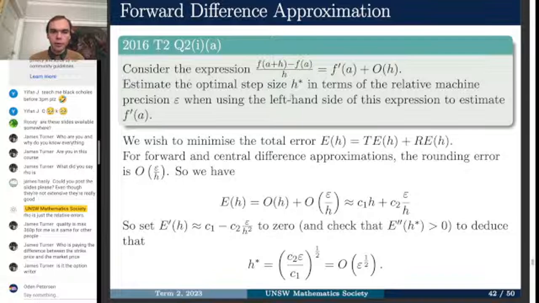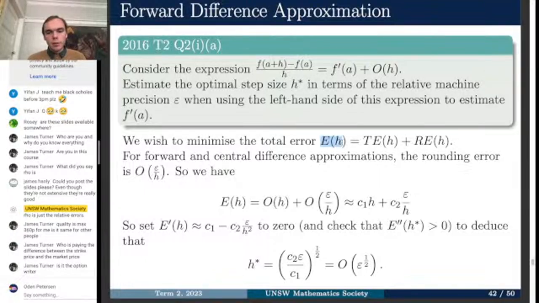And I guess this question from 2016 is asking us to approximate how big this step size should be for this secant approximation to the derivative to give a minimal total error. And we won't be able to exactly compute how big the step size should be, but we'll get an idea of the rough magnitude of how big it should be in terms of the machine precision that we're using.